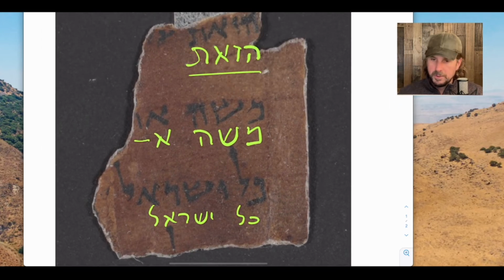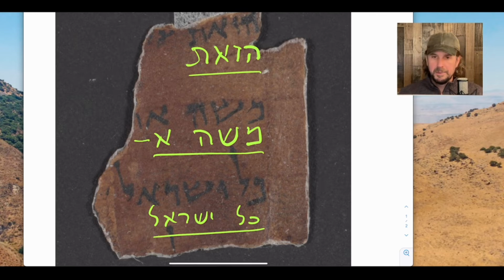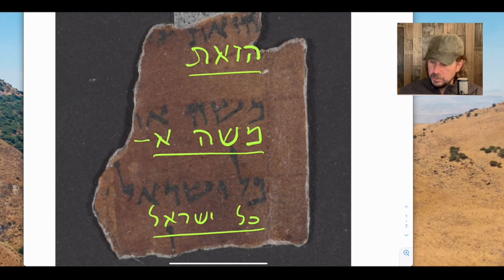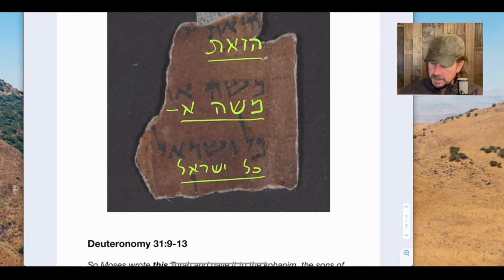We have Hazot, we have Moshe with an aleph, and then we have Kol Yisrael. And you can see that this was a nice right justification. So there's nothing over here, right? This is not a continuation of something from the same line, but a start of a new line in each place. So what is it?